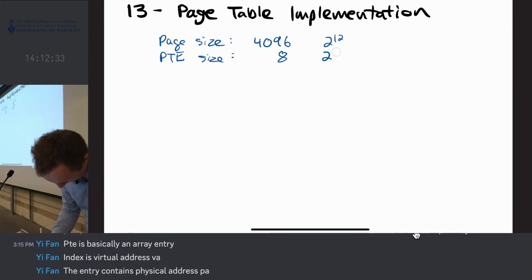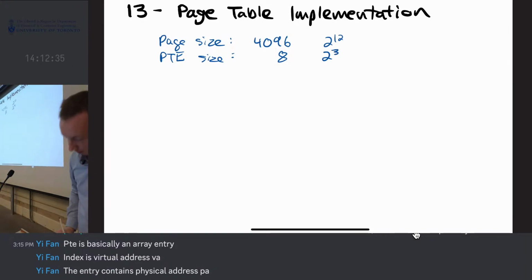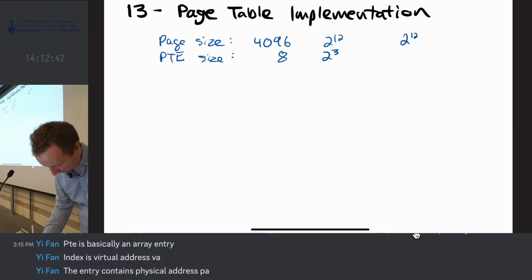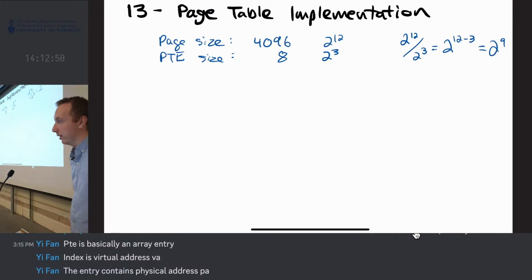If you want to figure out how many entries I can fit on a single page, I just divide those two, right? 2 to the 12 divided by 2 to the 3, which is the same as 2 to the 12 minus 3, which is 2 to the 9.